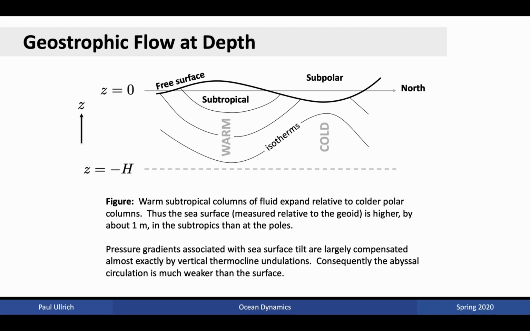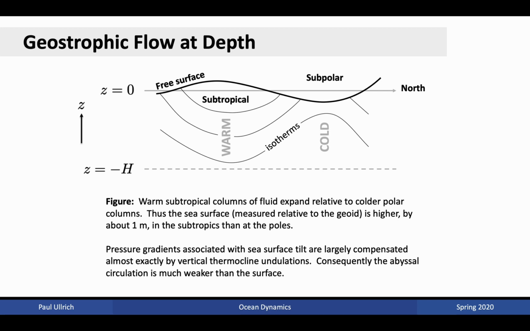The isotherms, that is, lines of constant temperature, are plotted here. Note that the colder isotherms at depth appear closer to the surface in the subpolar region and appear at depth in the subtropical region. In this figure, warm subtropical columns of fluid are expanded relative to the colder polar columns. Thus, the sea surface is higher in these subtropical regions, by about 1 meter, than it is in the subpolar regions.